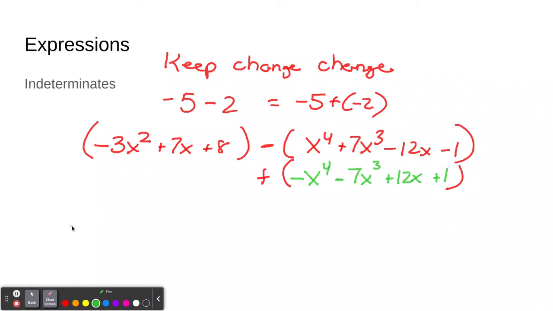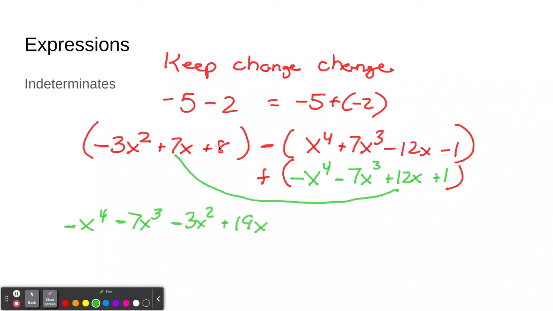So I'm going to put negative x to the fourth minus 7x cubed, because those are the highest powers. Then there's minus 3x squared. Now, 7x plus 12x gives us 19x. And 8 minus 1 gives us plus 7. So keep in mind when we're doing subtraction that you keep, change, change.